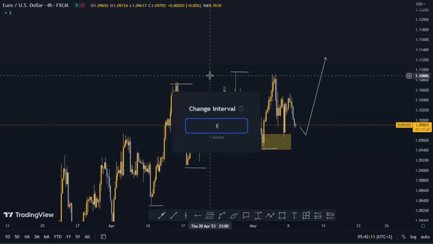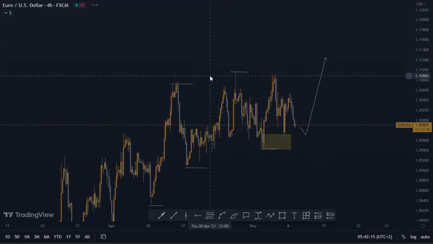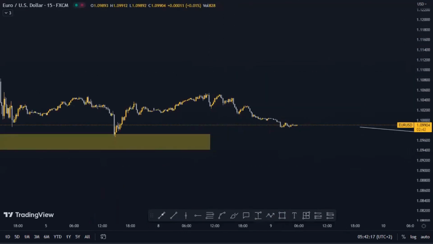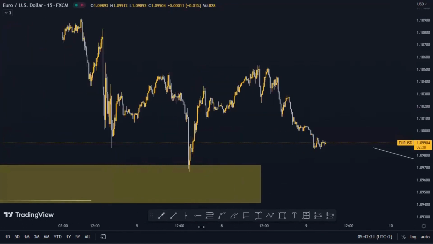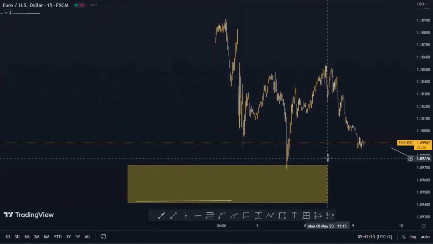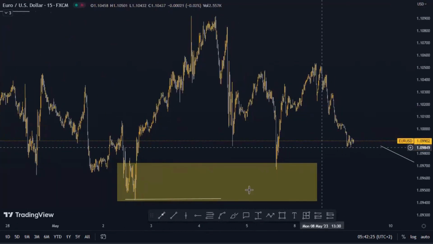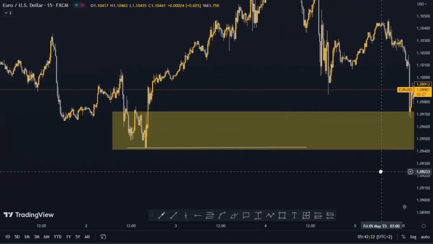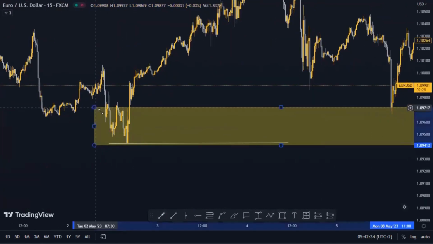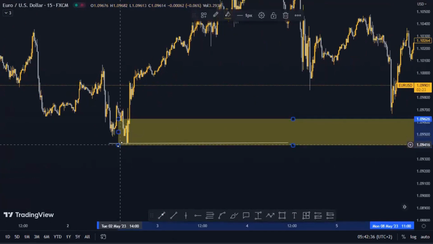Let's look at our 15-minute time frame to see if we can get cleaner price action. So what do we have here? We have the market reacting to these lows. Let's see if we can refine that and get a proper order block right there.